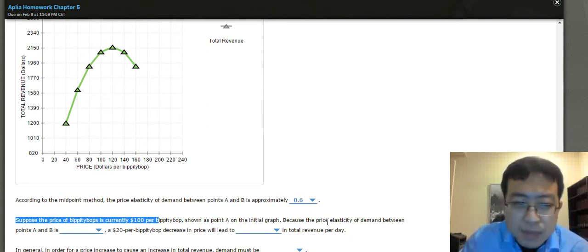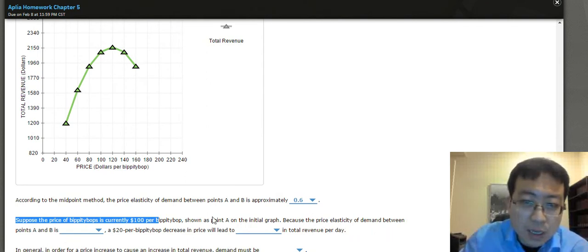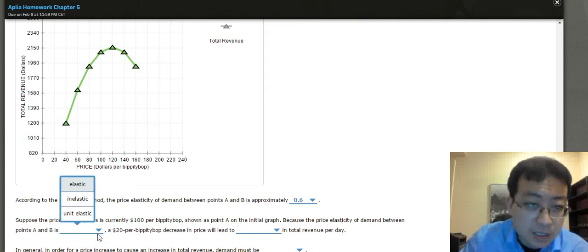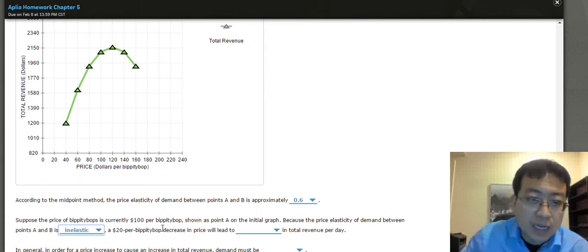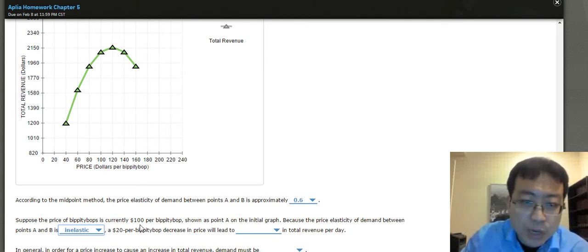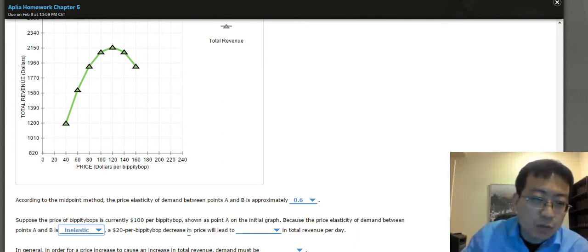The price elasticity of demand between point A and B is 0.6, so we know it's less than 1, so this is called inelastic. Now, with inelastic demand, a $20 per unit decrease in price will lead to what? Remember, when the demand is inelastic, consumers are less responsive, so the company has more power.